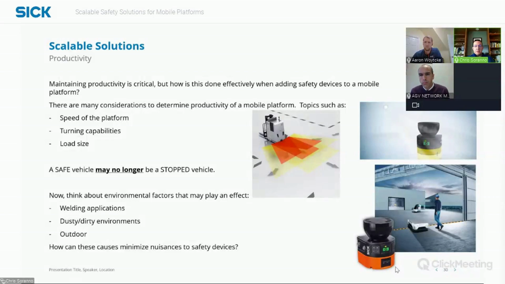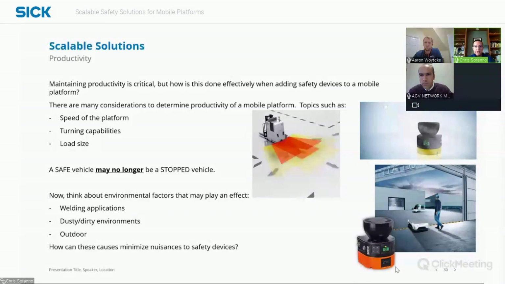So as part of the risk assessment, you need to identify what those operating conditions are and make sure that the sensor selected, or the sensor system that's created, is going to maintain functionality throughout that use case.